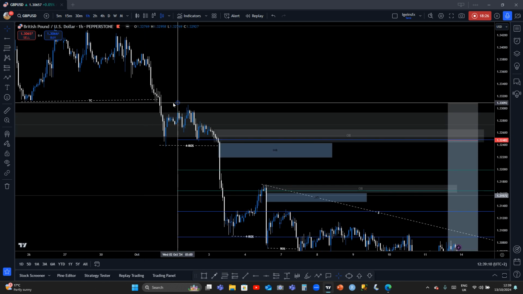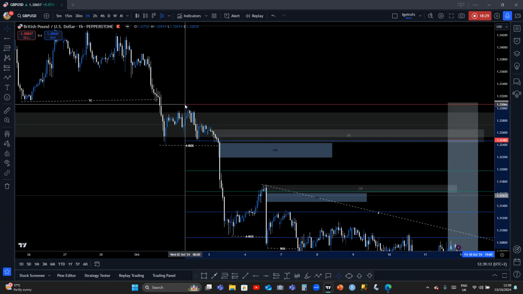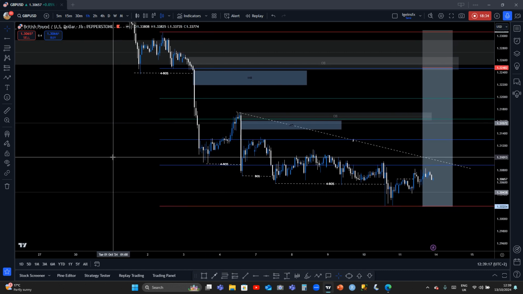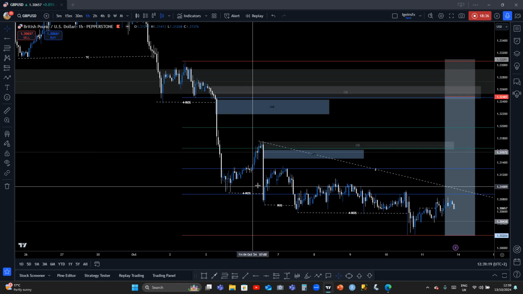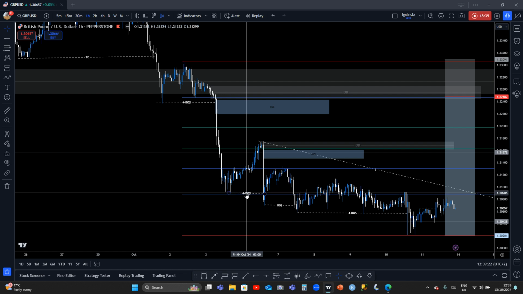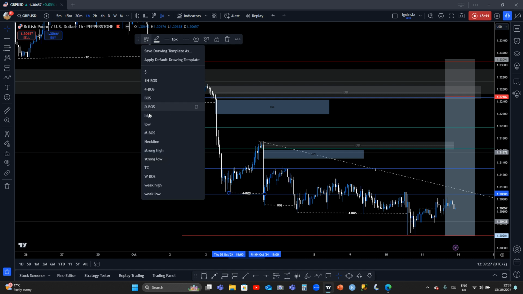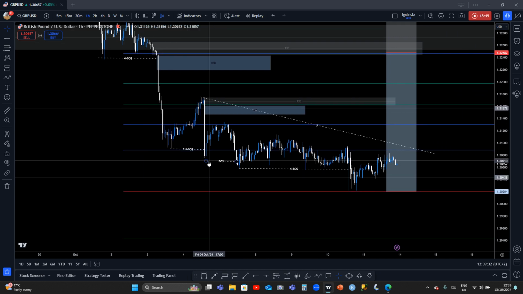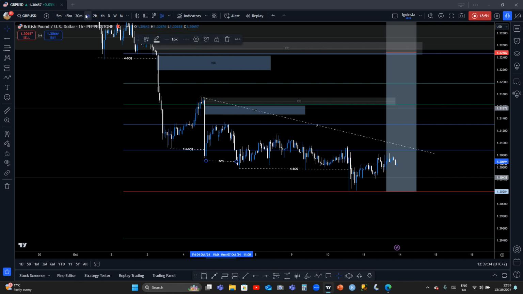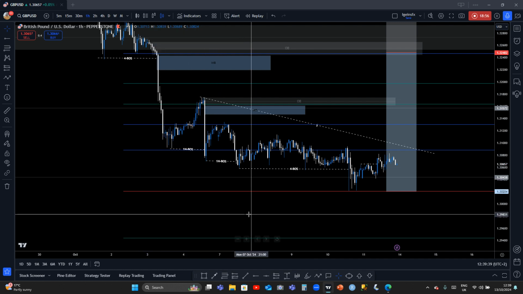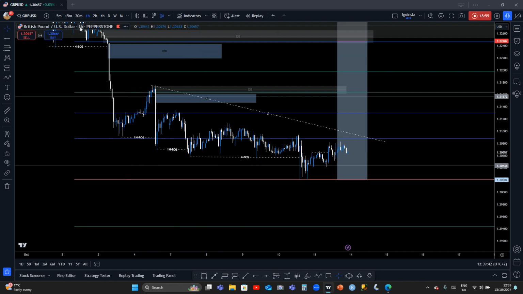After this first break of structure that happens on the 4 hour, there's another break of structure to the downside. This is the 1 hour break of structure to the downside, another break of structure to the downside. Then there's another break of structure to the downside as well.